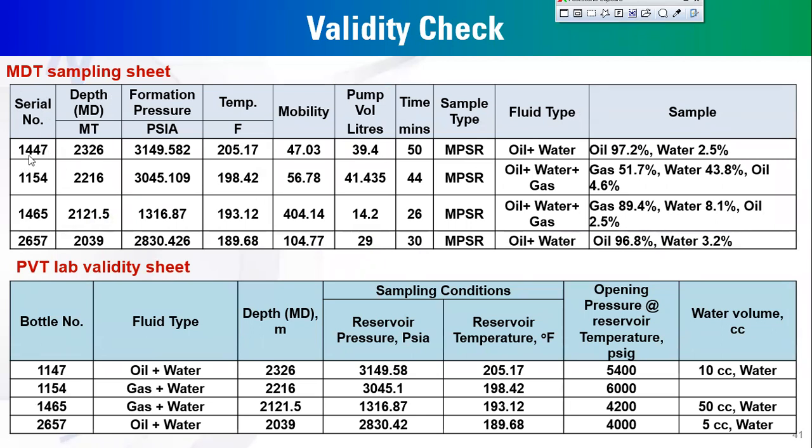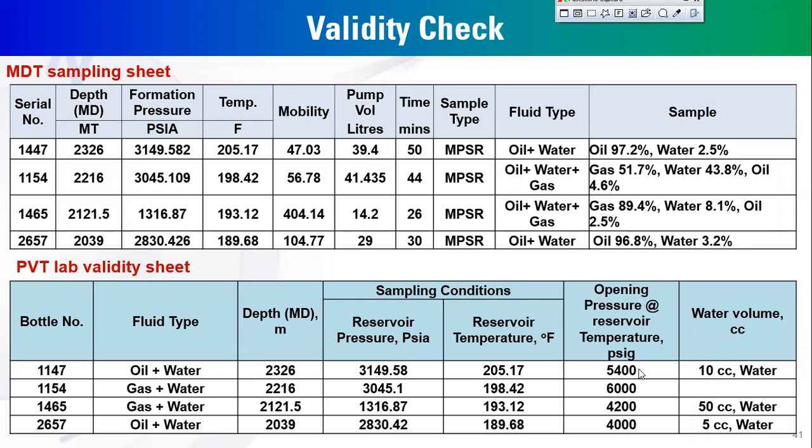For serial number 1447, the fluid type is oil and water. We have about 97% oil based on optical fluid analysis, and at the lab we have in this sample about 10 cc water, which means this data is more or less accurate.